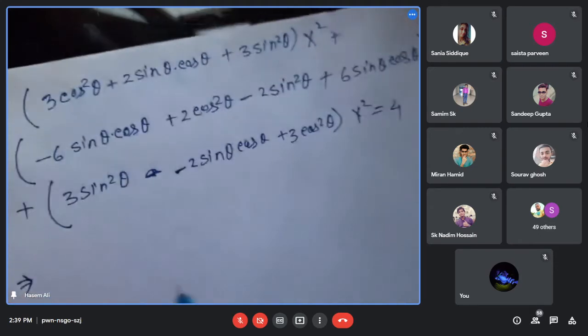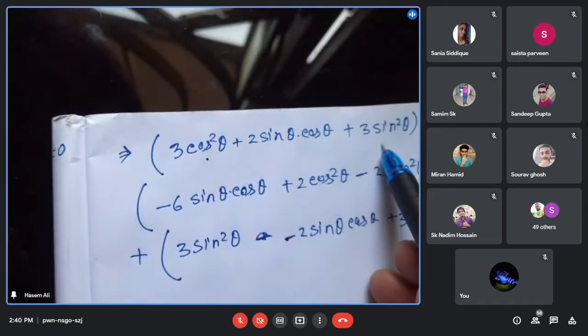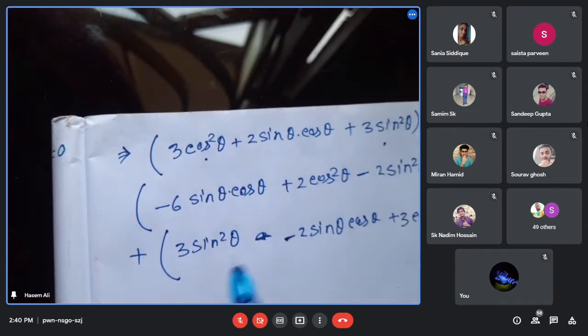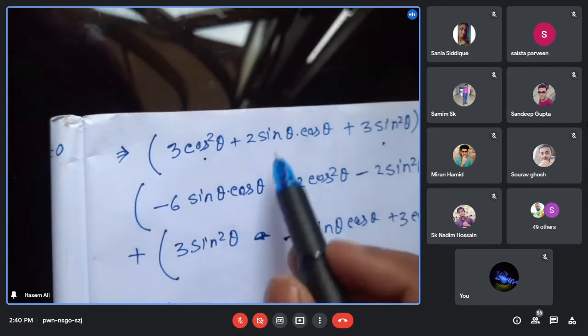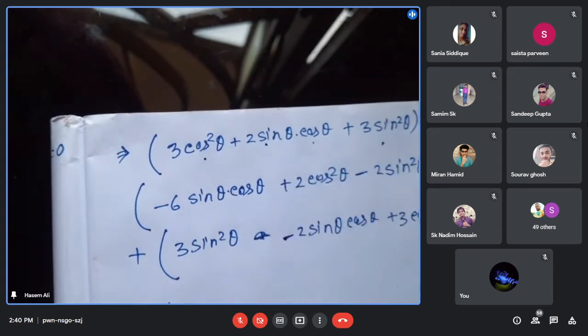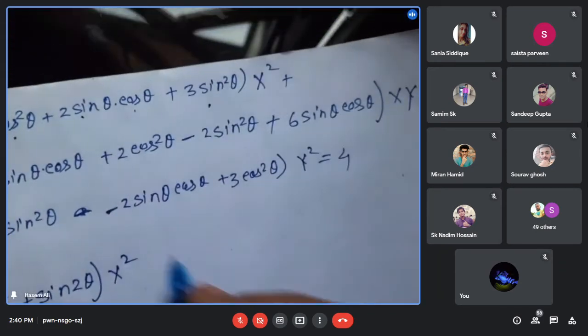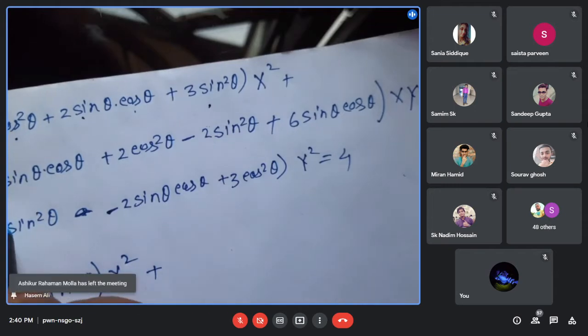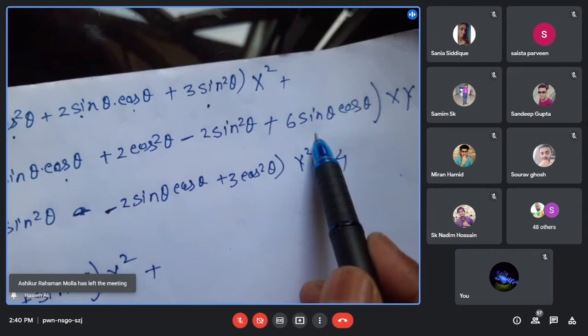That means now 3 cos square theta plus 3 sin square theta. So it will be 3 plus 2 sin theta cos theta, that means sin 2 theta. 3 plus sin 2 theta into x square. Now here minus 6 sin theta cos theta plus 6 sin theta cos theta is 0.